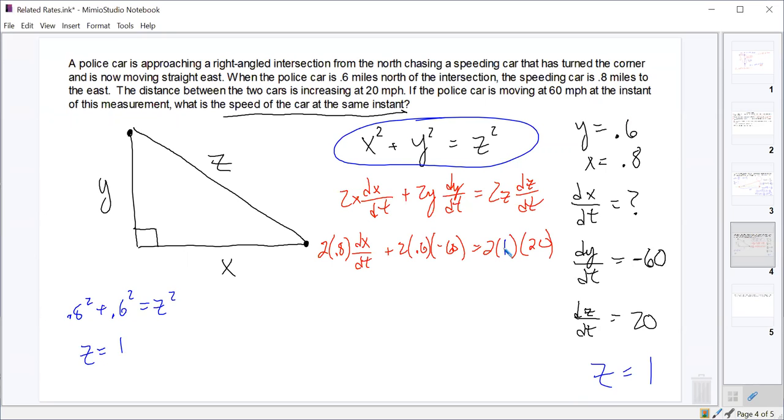And so now all we have to do is solve this for dx/dt. So we've got 1.6 dx/dt equals, what do we end up with here? This is 40 and this is 72. So 1.6 dx/dt equals 112. And if you divide by 1.6, what does that come out to be? Looks like that's, I think, 70, yeah?